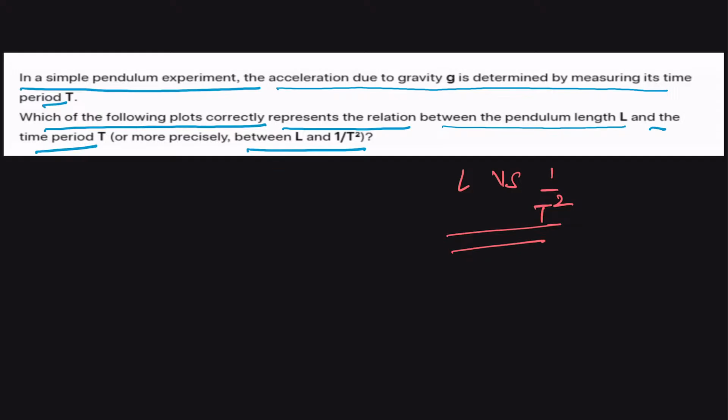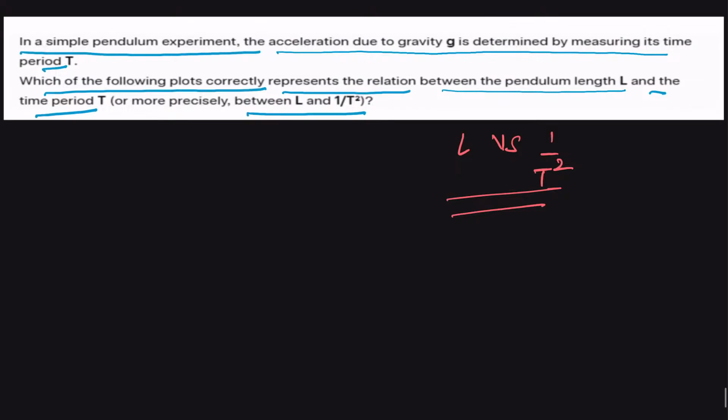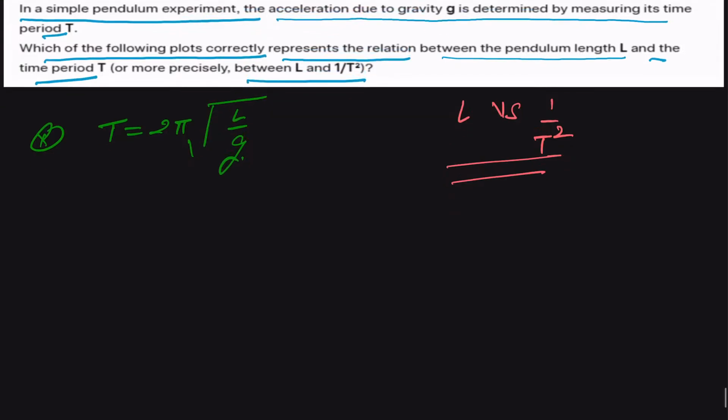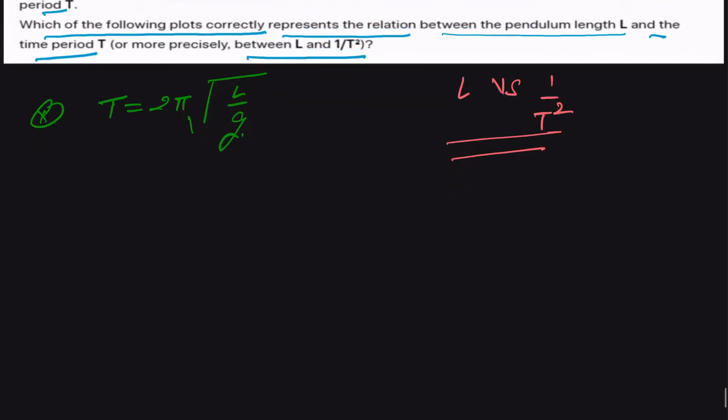So for the basic formula, we know that for small oscillations, the time period is given as 2 pi square root of L upon g, and if we square it, we get t square will be equal to 4 pi square L upon g.